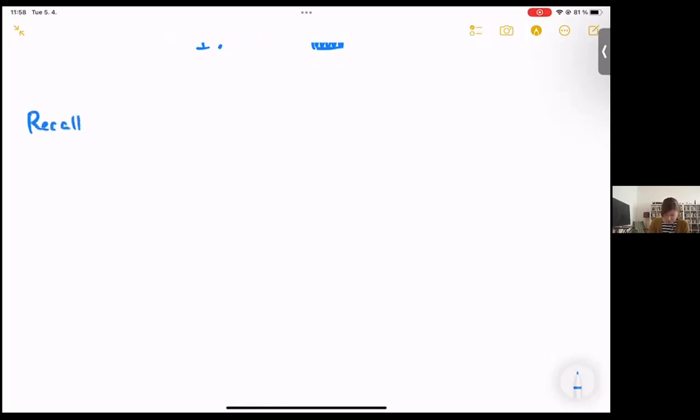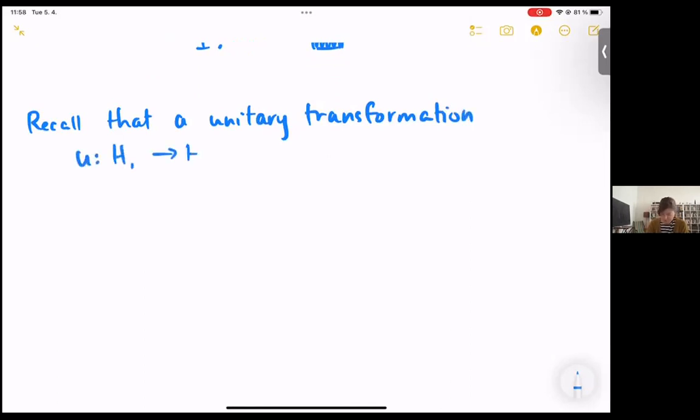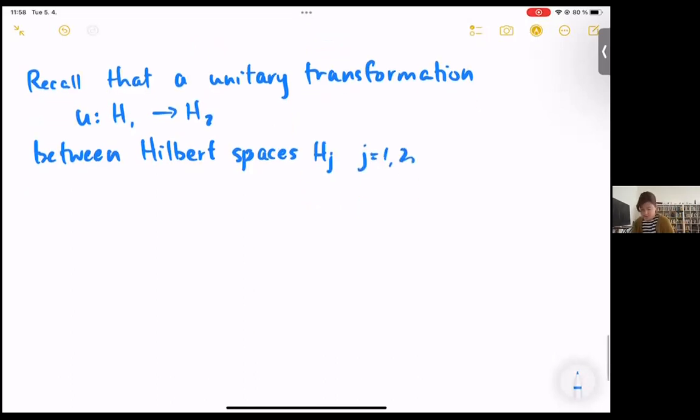So just first of all, recall that a unitary transformation between two Hilbert spaces is just a bounded linear operator, well, bounded comes for free in this case, but okay, the point is that it's in B of H1, H2.